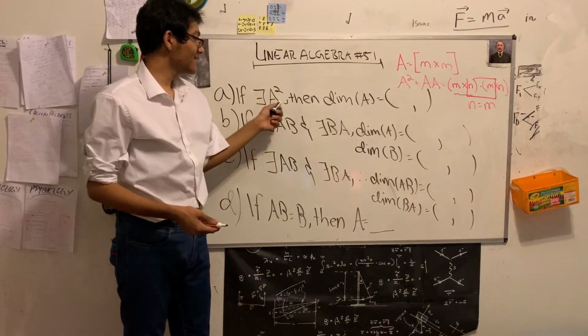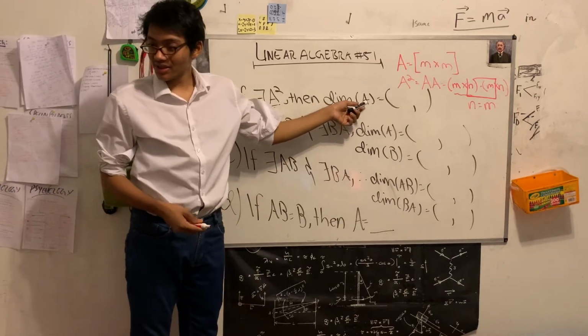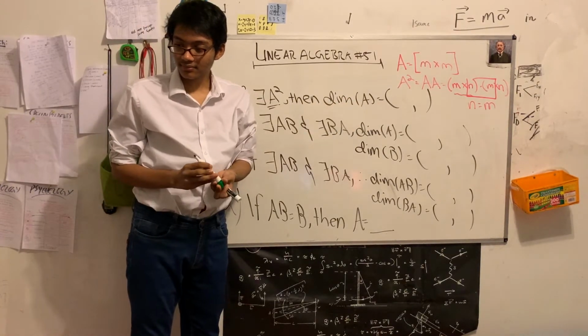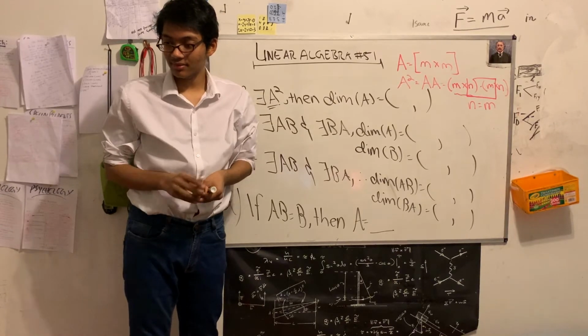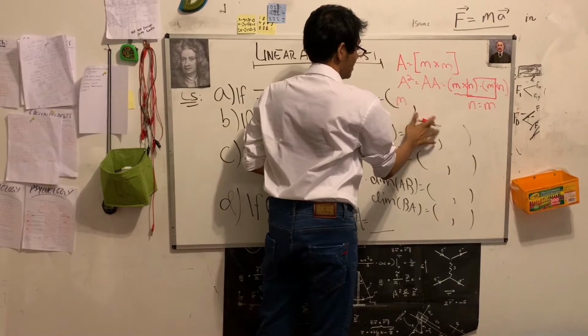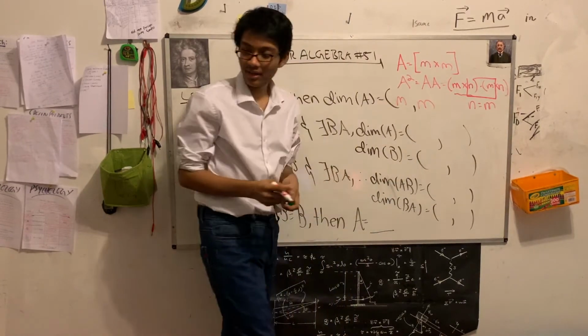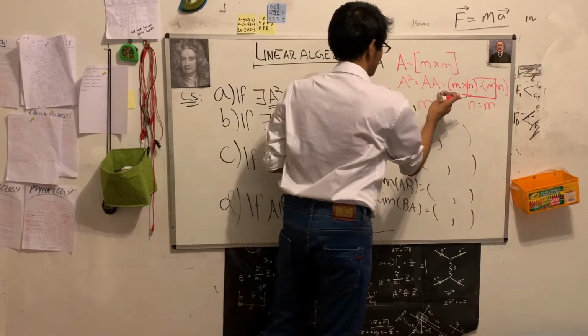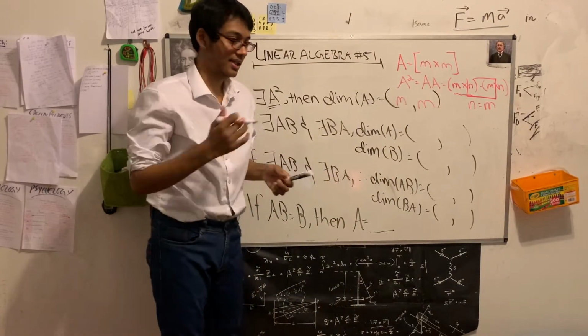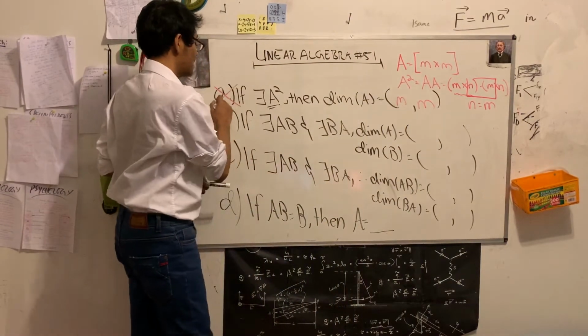If there exists a square of a matrix, then the dimension of the original matrix is what? Just use a variable. m by m, which means it's what kind of matrix? A square. Is it rectangular? No. Is it square? Yes. Okay, so first question out of the way.